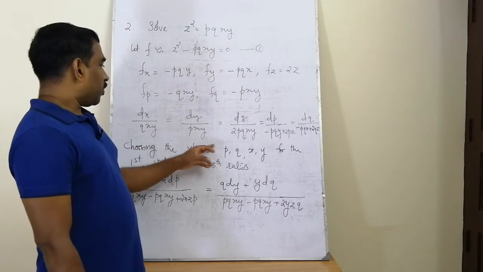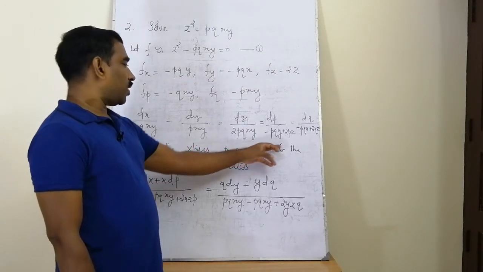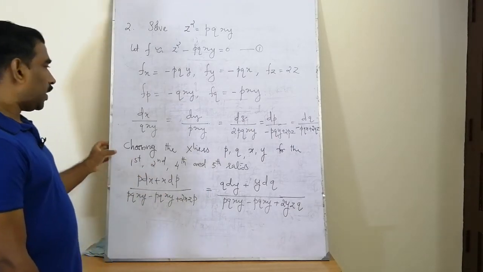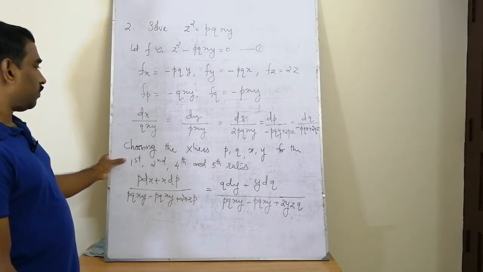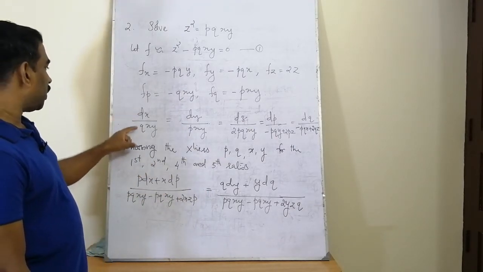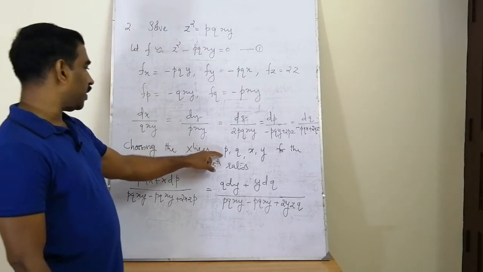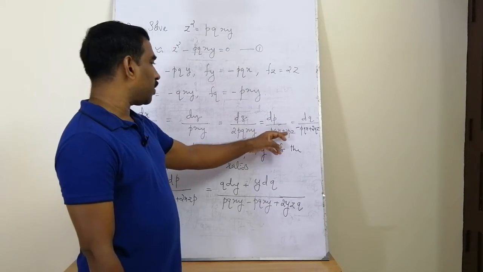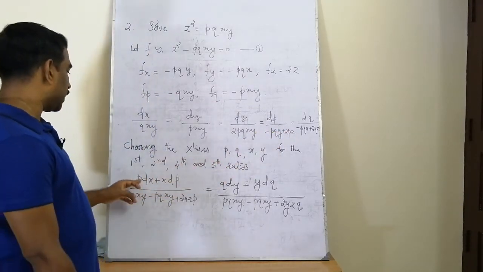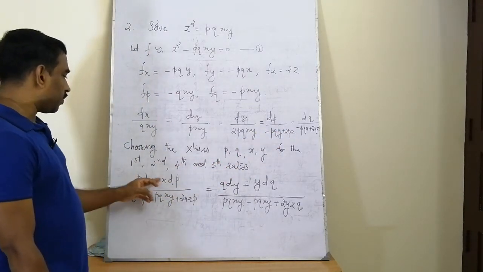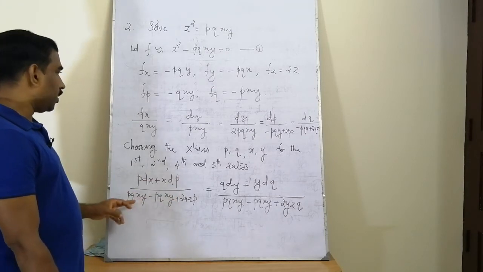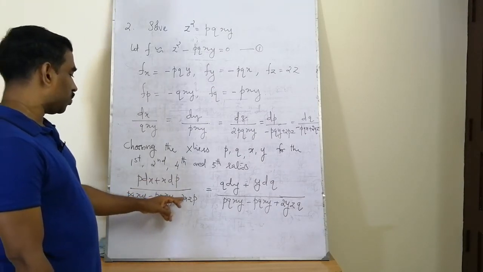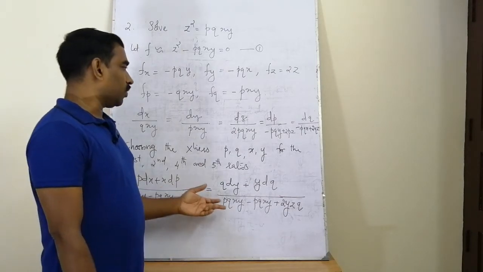So choosing the proper multipliers p, q, x, y for the first, second, fourth and fifth ratios, and adding first and fourth ratios, that means dx by q y multiplied with p, and the fourth ratio dp by minus p q y plus 2 p z multiplying with the x and adding, that is p dx plus x dp, divided by adding the respective denominators, we get p q x y minus p q x y plus 2 x z p.